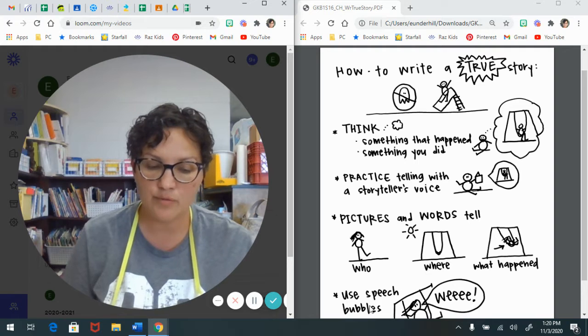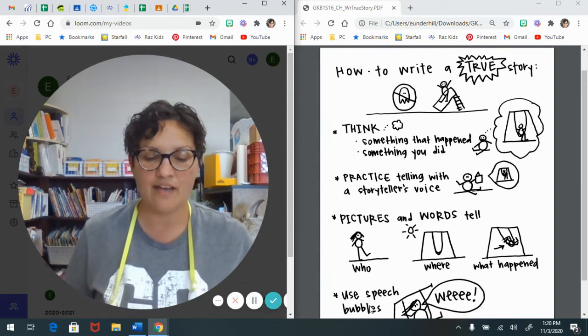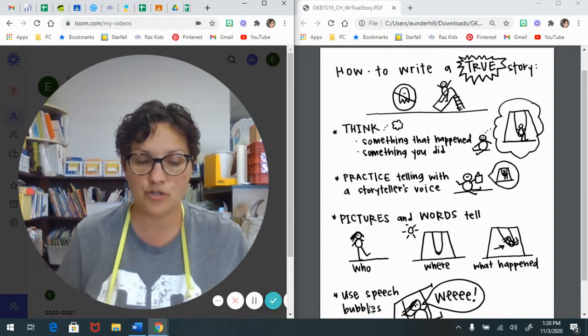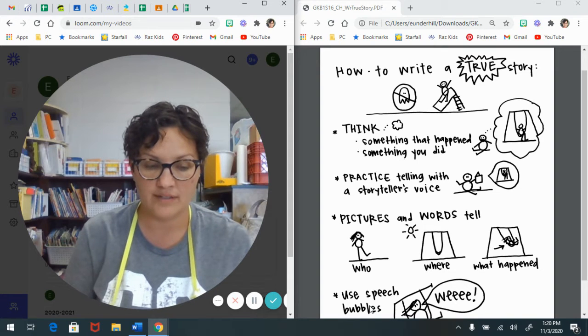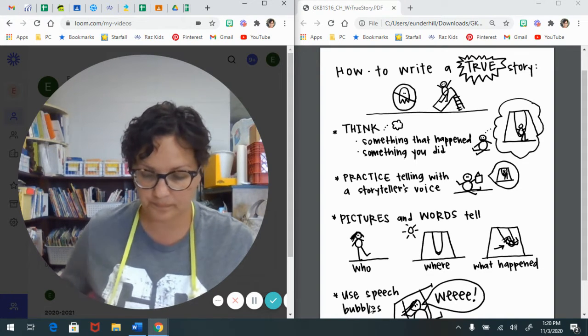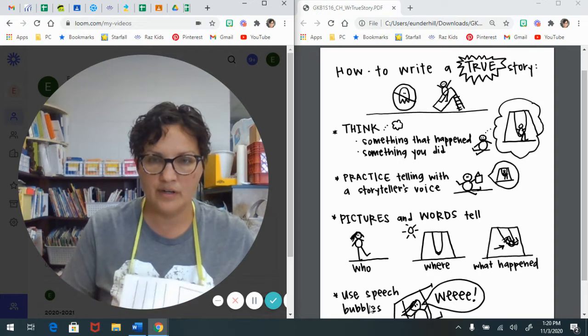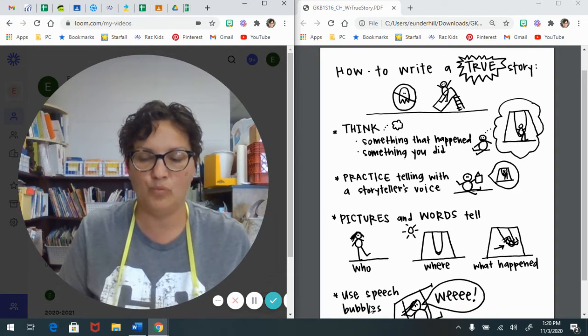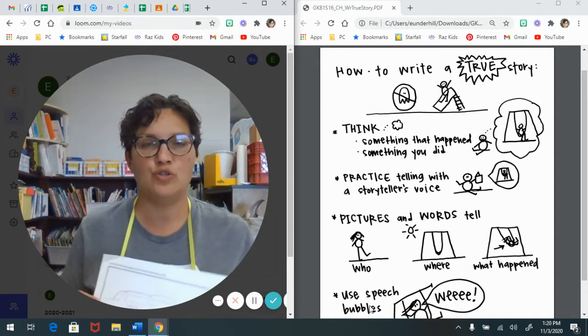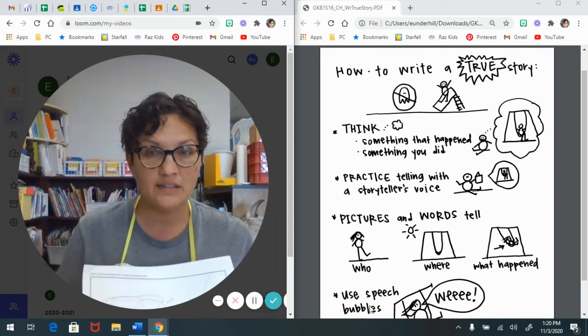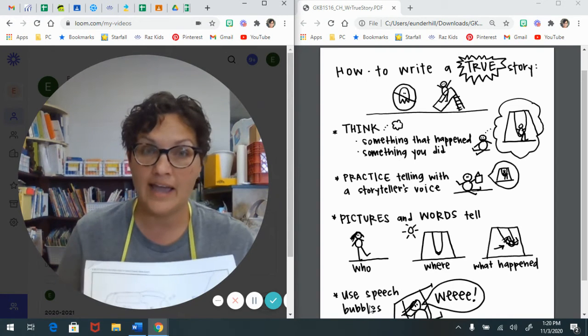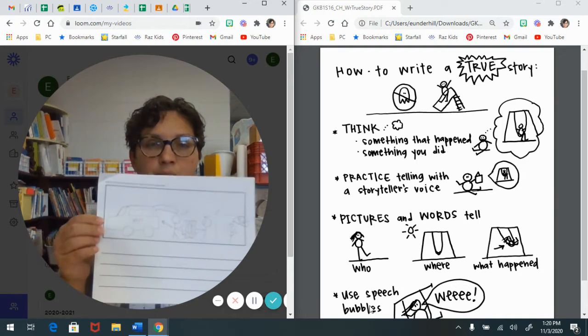But that picture helps you remember the story only if, when you made the picture, you were thinking about the words of the story. And remember, when you're working on your story and your pictures, you need to include who's in it, where you're all at, and what is all happening.